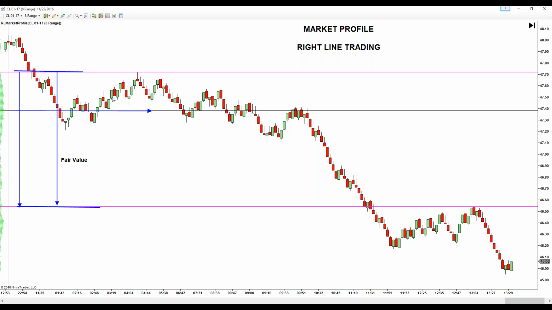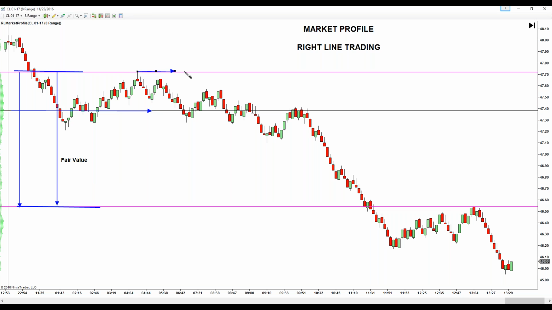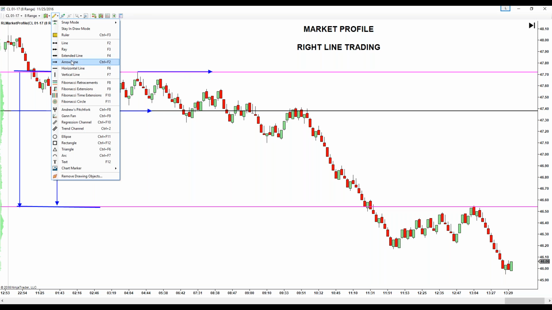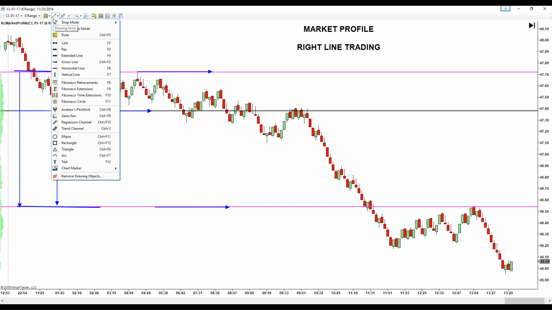So the value area high and the value area low act as significant areas of support and resistance. And you can see how price respects it right in here.